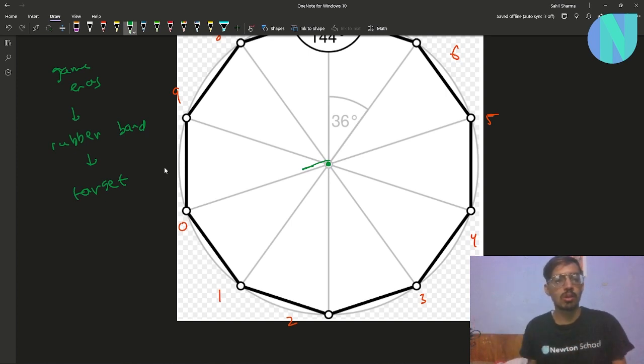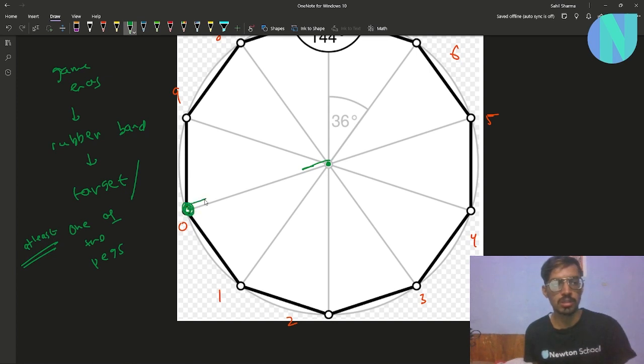So my rubber band will be touching the target and at least one of the pegs. So let's say for the time being it is equal to 0. So this is peg 0. So let's say your rubber band is touching peg 0. Let's call this the left pivot.